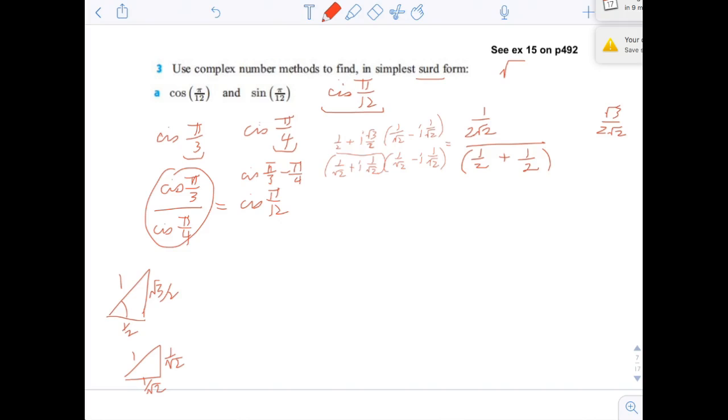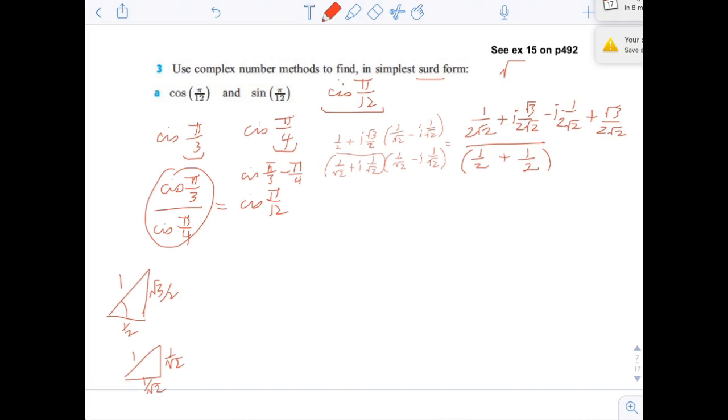And then the inner and the outer terms would be plus i. The inner term would be square root of 3 times square root of 3 on top and 2 square root of 2 on the bottom. And the outer product would be minus i, and it would be 1/2 times 1 over square root of 2, which is 1 over 2 square root of 2.